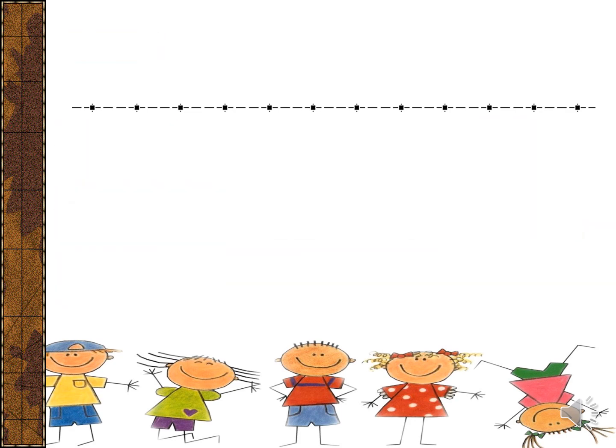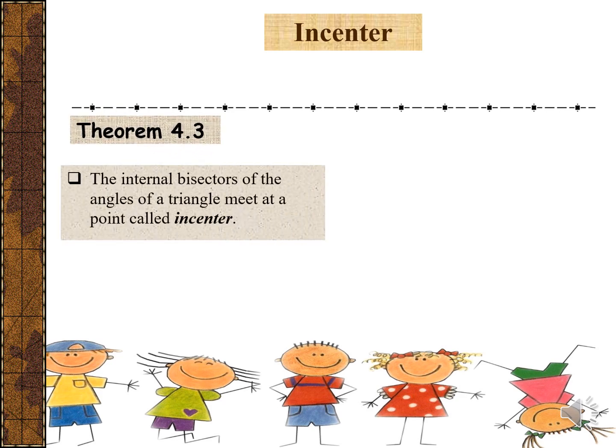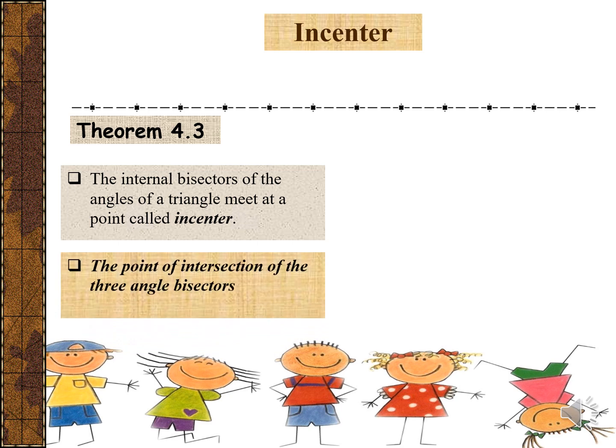Incenter. Theorem 4.3 says that the internal bisectors of the angles of the triangle meet at a point called the incenter. It is also the point of intersection of the three angle bisectors.